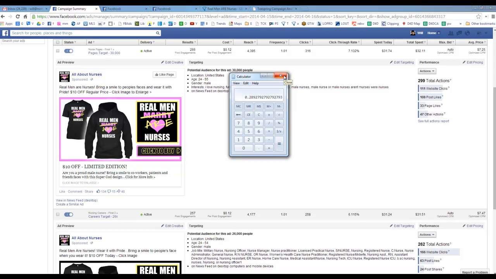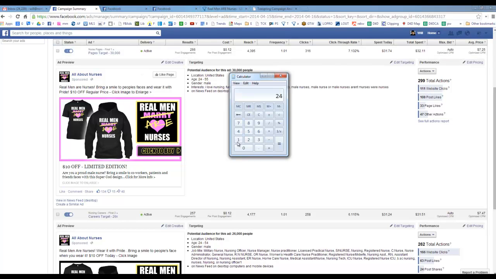We'll say 29 cents there. And then what was our other one? 3151 divided by 166 equals 19. So if we go 19 plus 29 divided by 2, 24 cents a click is what it's been costing us.